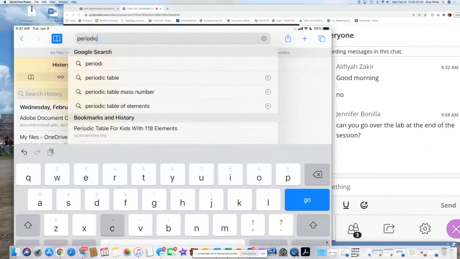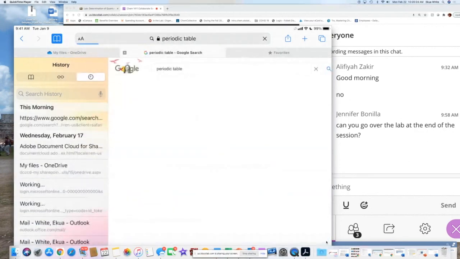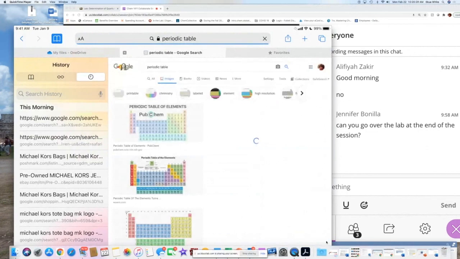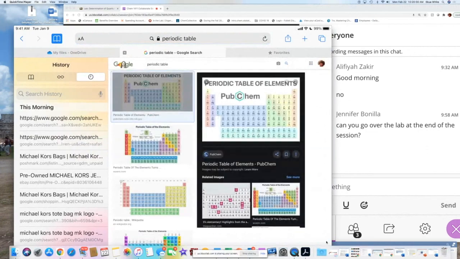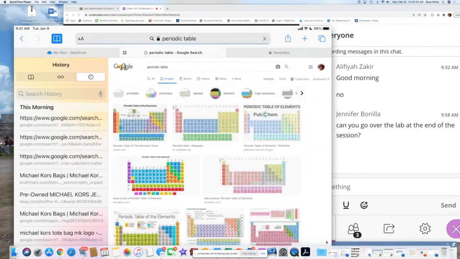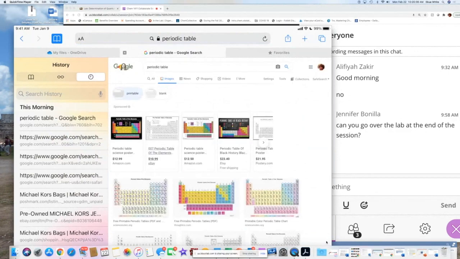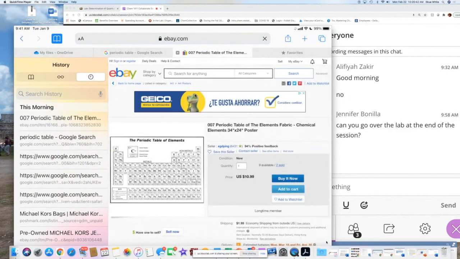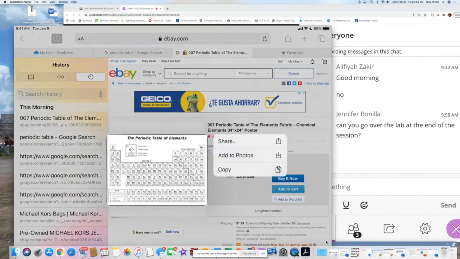Periodic table. Let me see if I can see one that's not too bad to work with. It's hard to get good periodic tables these days.